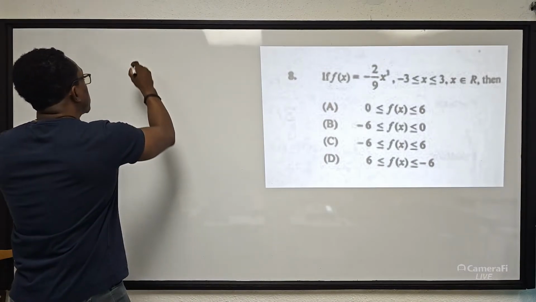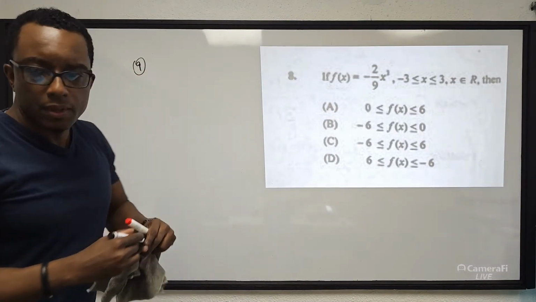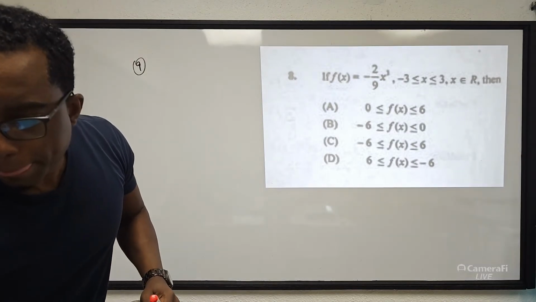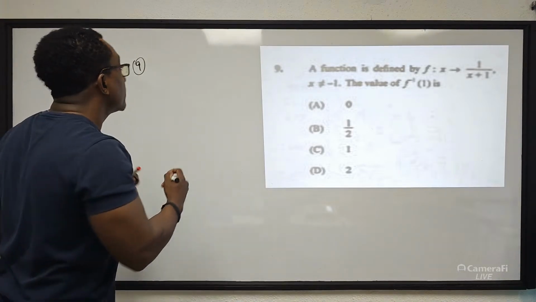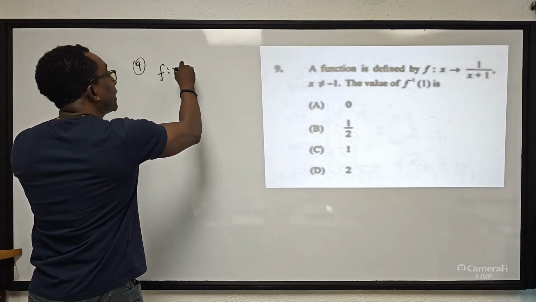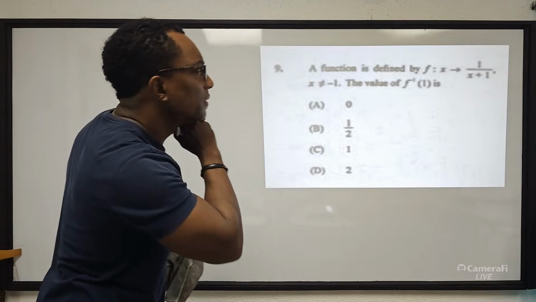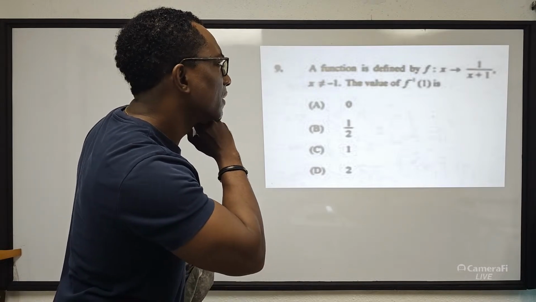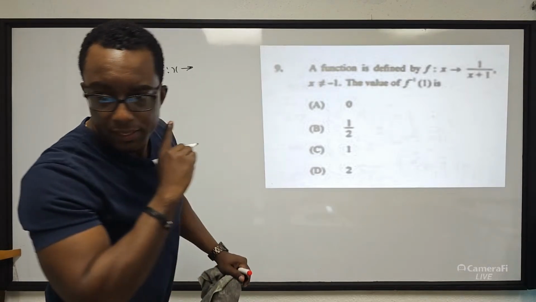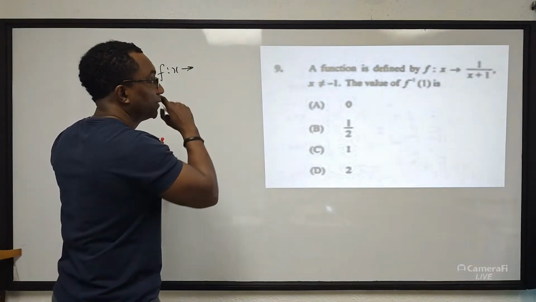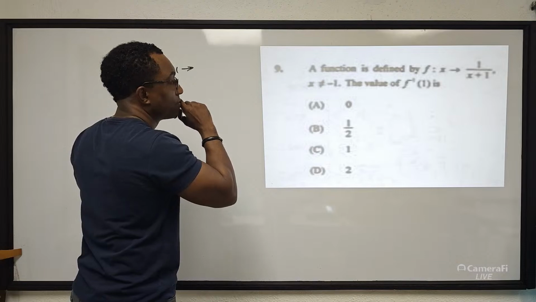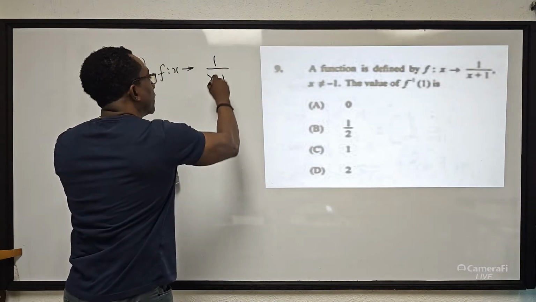So question 9, we have here a function defined by f such that x is mapped onto x plus, I think that's 1 all over x plus 1.